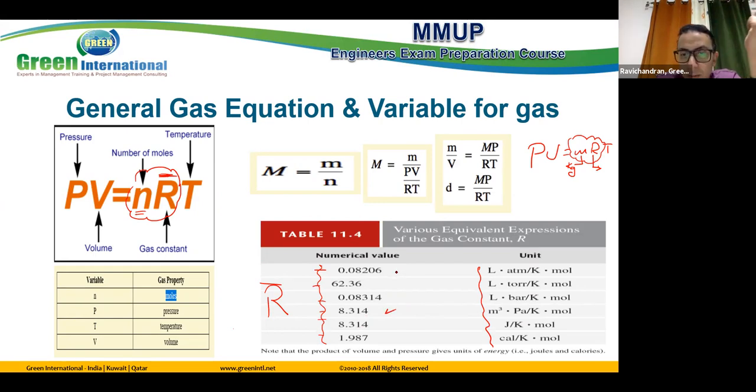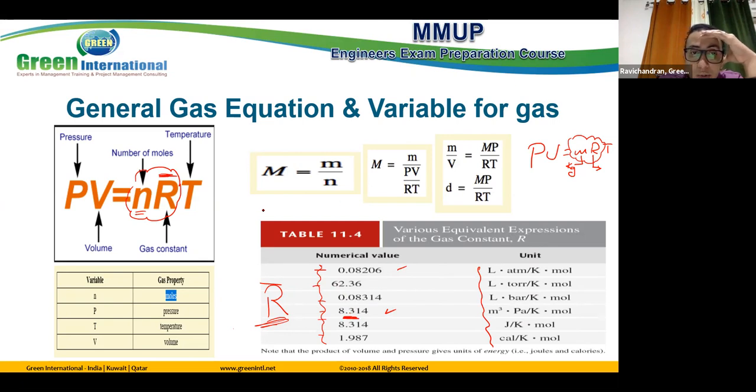We will use this one in an example. The important R bar I will give to you, and we will see it in the problem itself. Maybe in exam 4, we have the equation using R universal in British units. When we see this problem, I give you the value of R bar in British units, which is equivalent to this value.